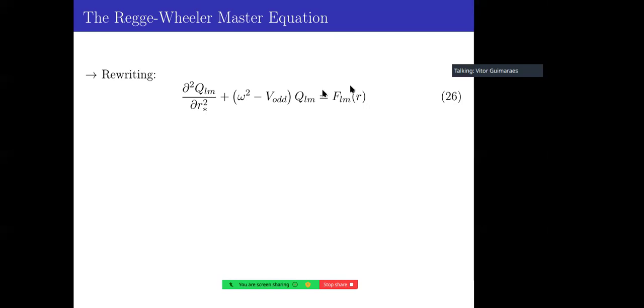So this is a Schrodinger-like equation. If you hadn't done the Fourier transform, we would have not only derivatives with respect to R star, but derivatives with respect to T as well.